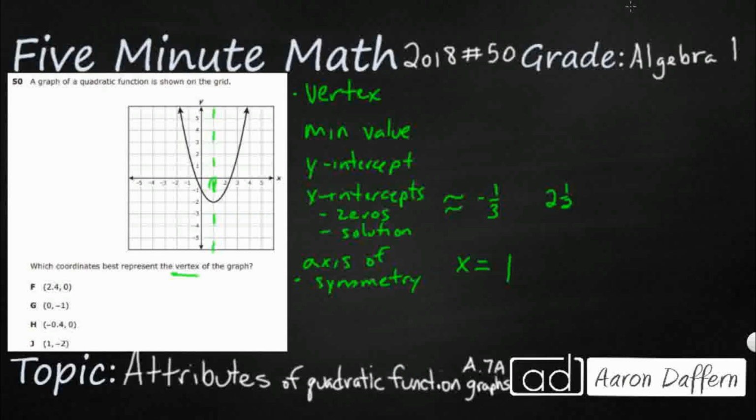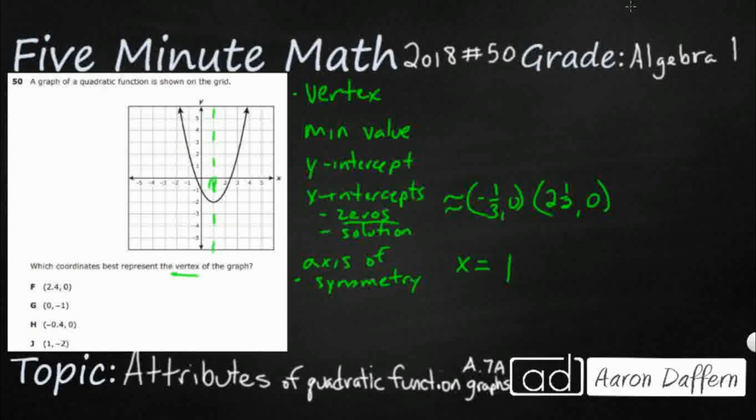Now those are just the x values. Obviously, if we wanted to make them coordinate pairs, we could do -1/3, 0 and 2.5, 0. But we know that if they are x-intercepts, then their y value has to be 0. That's one of the reasons why they're called zeros. It's the x value that makes f of x equal 0.